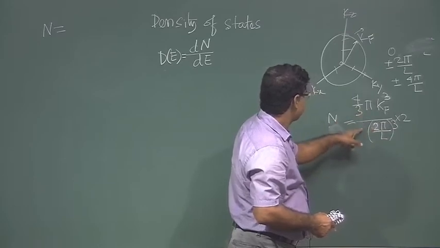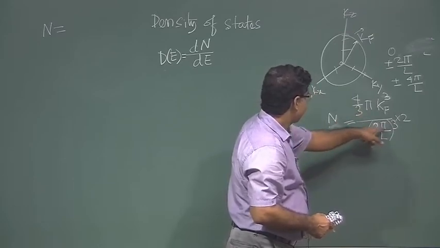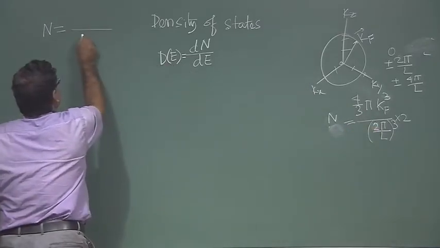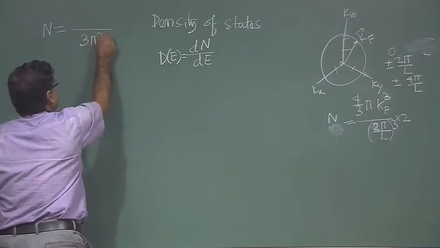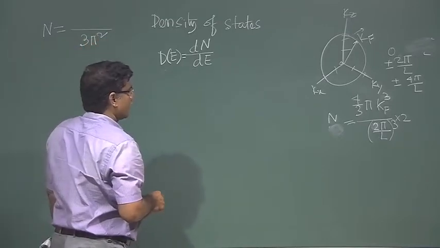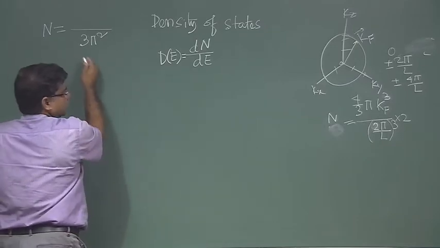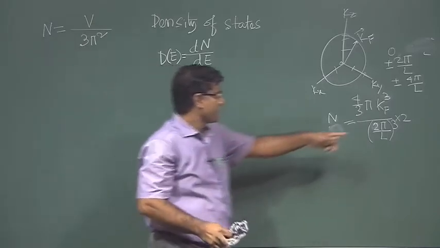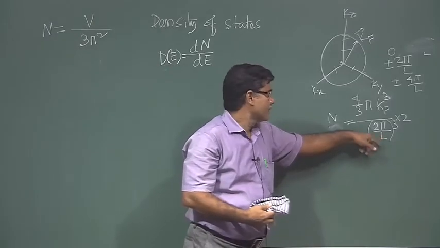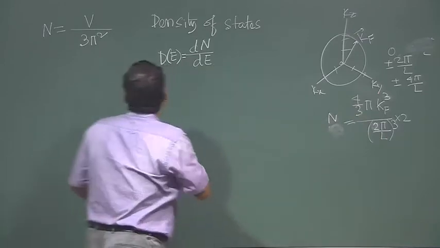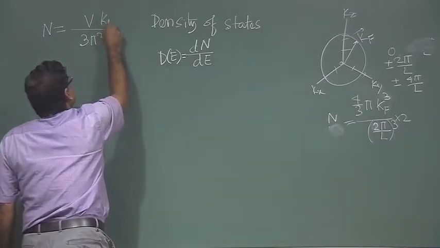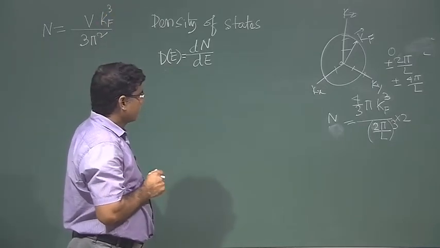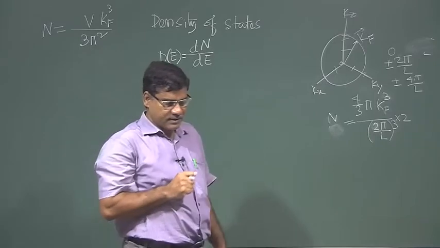So, it will be basically pi cube, 3 pi square, you will get 3 pi square and of you will get v, L cube, that is v basically. So, L cube, that is v, kf cube you will get. Yes, hopefully I have written correctly.